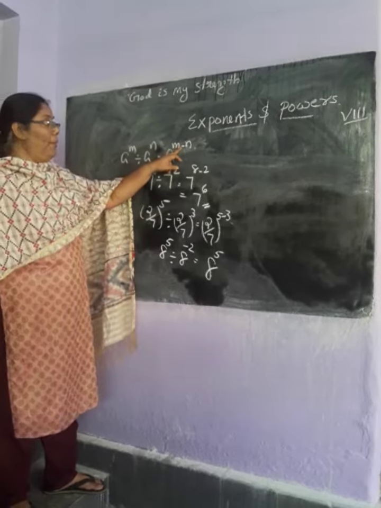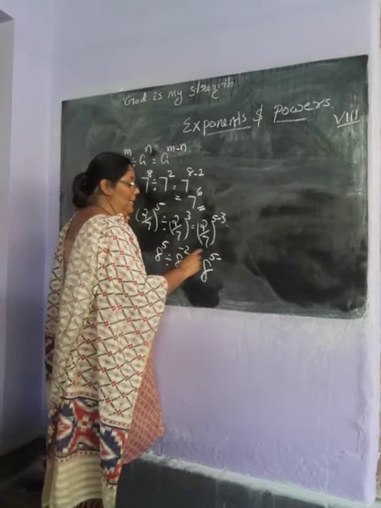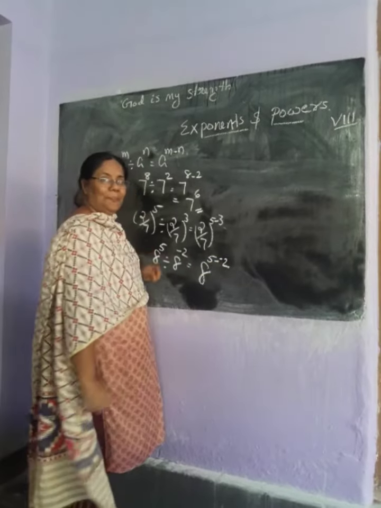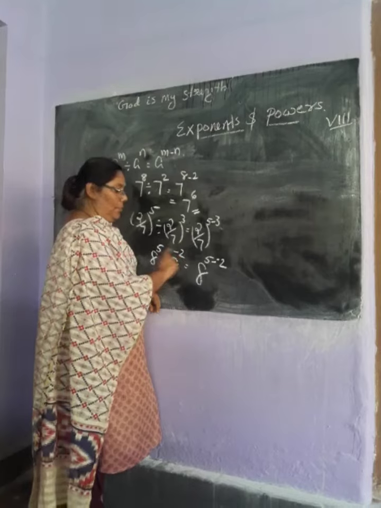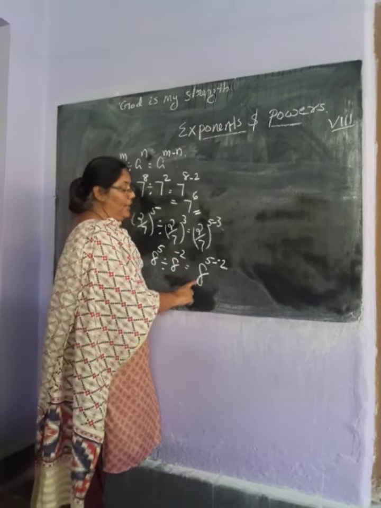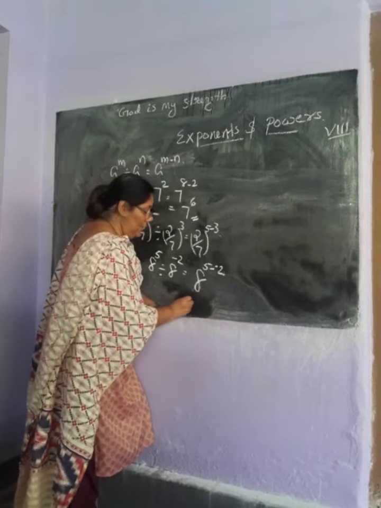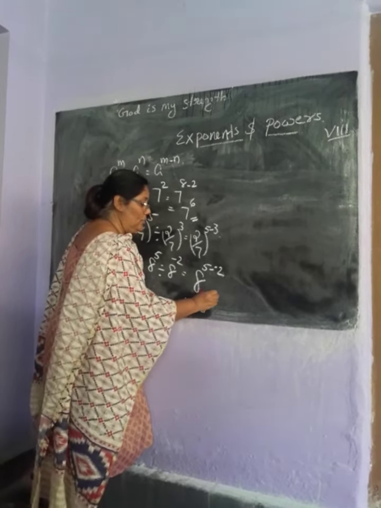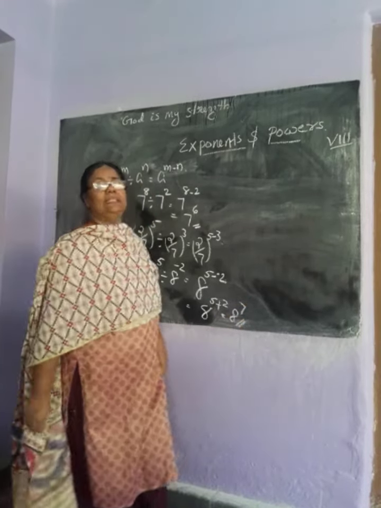In the formula, there is one minus, then minus 2. Is it clear? 8 raised to 5 by 8 raised to minus 2 is 8 raised to 5 minus minus 2. What is 5 minus minus 2? 8 raised to 5 plus 2, that is equal to 8 raised to 7.